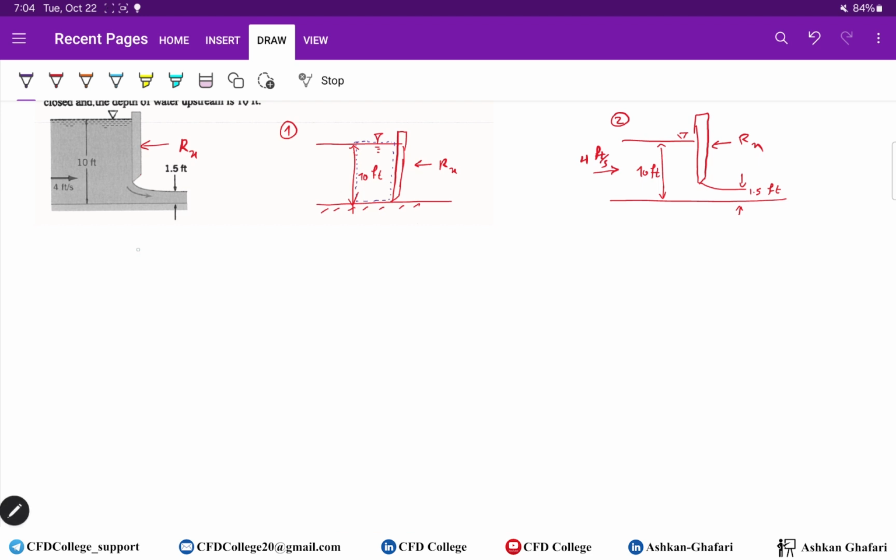So for this, actually it's fluid statics and you know how to find the force. Here is Rx. Because of this column of water, we have this force here, Fr. And since there is no flow, you can use fluid statics formulas. You know Fr equals gamma hc times area.